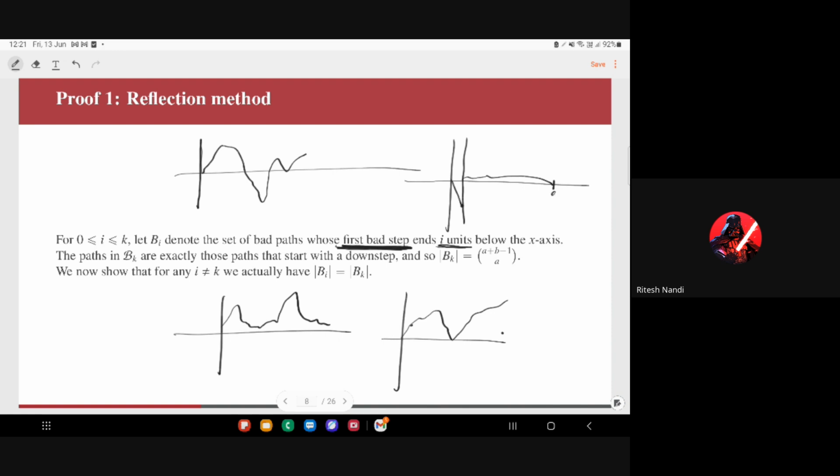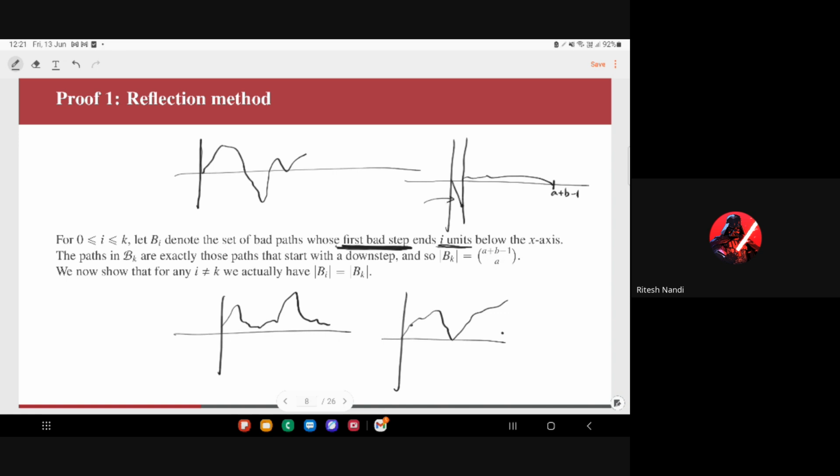And out of these, there are A votes for candidate A. So the number of such ways would be (A plus B minus 1) choose A. And this is already a bad path because it directly went below the x-axis in step 1.